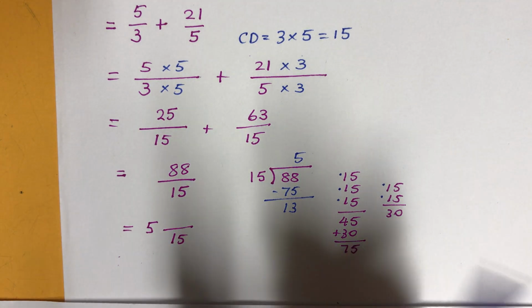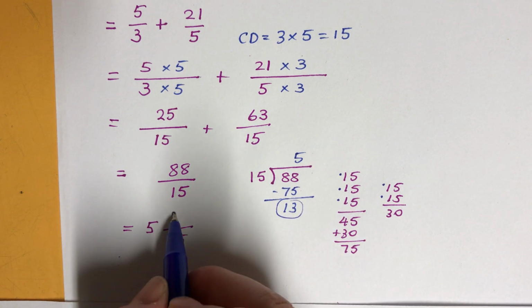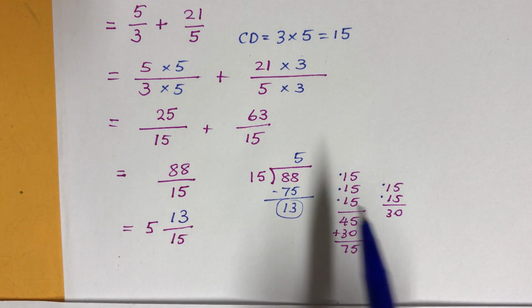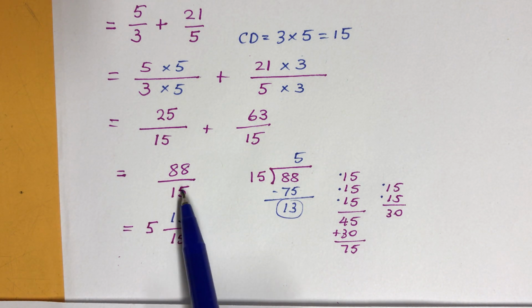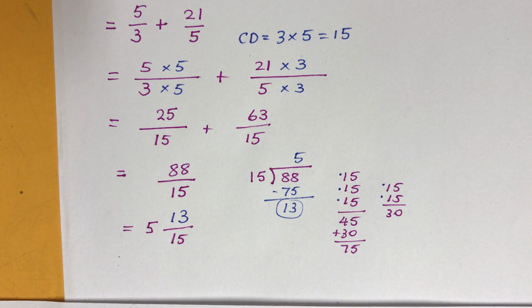And what was the remainder? That goes on to the top. So the whole number is in the front, and the denominator doesn't change. The remainder goes on to the top. And that's the same as what we got when we just added whole numbers and fractions separately.